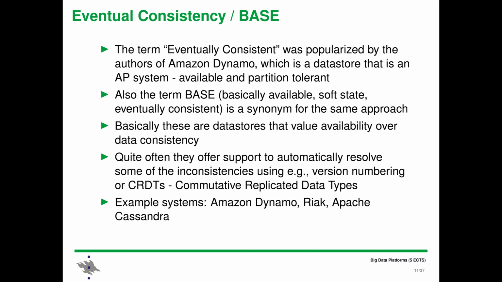One exception to the rule is something called commutative replicated data types, or CRDTs, which are a technique for merging updates that work for some types of data. For example, you can update counters in a way that is actually sound, in the sense that you are able to get to the final state that is correct. And why is that?